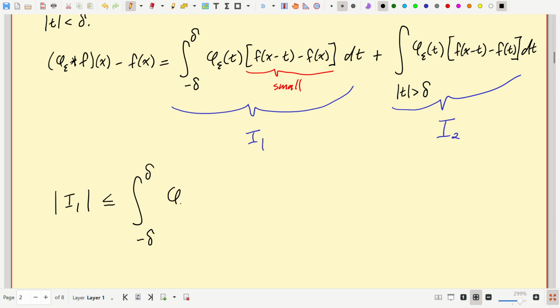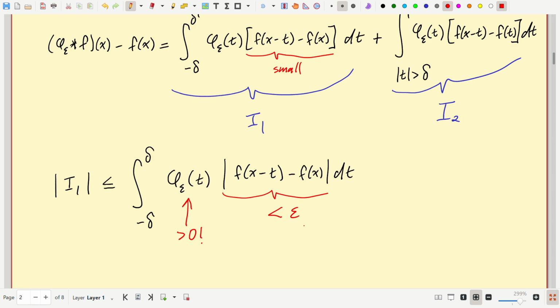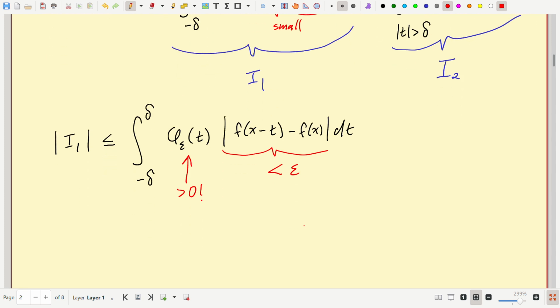So when I take the absolute value under the integral sign here, I'm using the fact that this is a positive thing. So the absolute value doesn't go there, but the absolute value does go here. And that's less than epsilon.